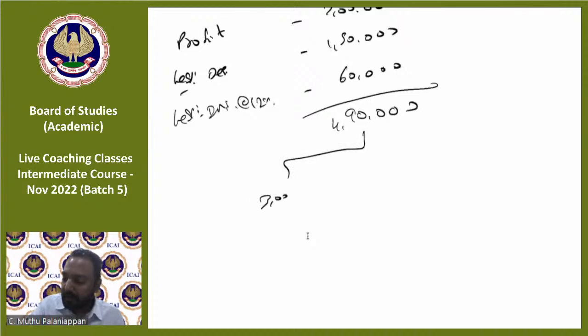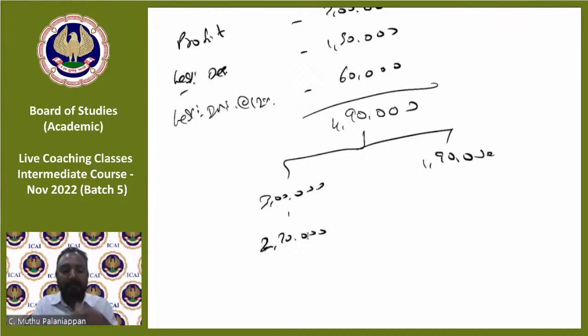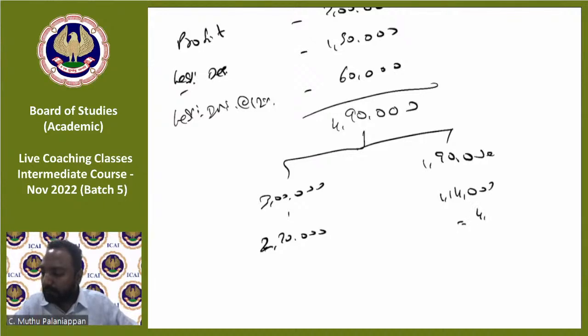In 4,90,000, for the first 3 lakhs, it is 2,70,000. For the next 1,90,000, it is 60%, that is 1,14,000. So the total is 3,84,000.